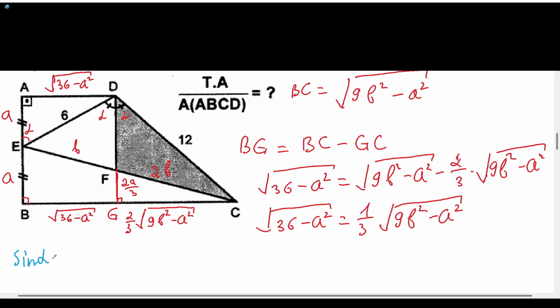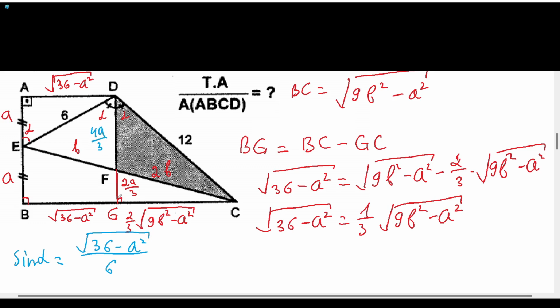Sine alpha will be equal to the square root of 36 minus a squared over 6. Now we know that if this side is 2a over 3, the DF side will be 2a minus this one, which means DF will be 4a over 3.